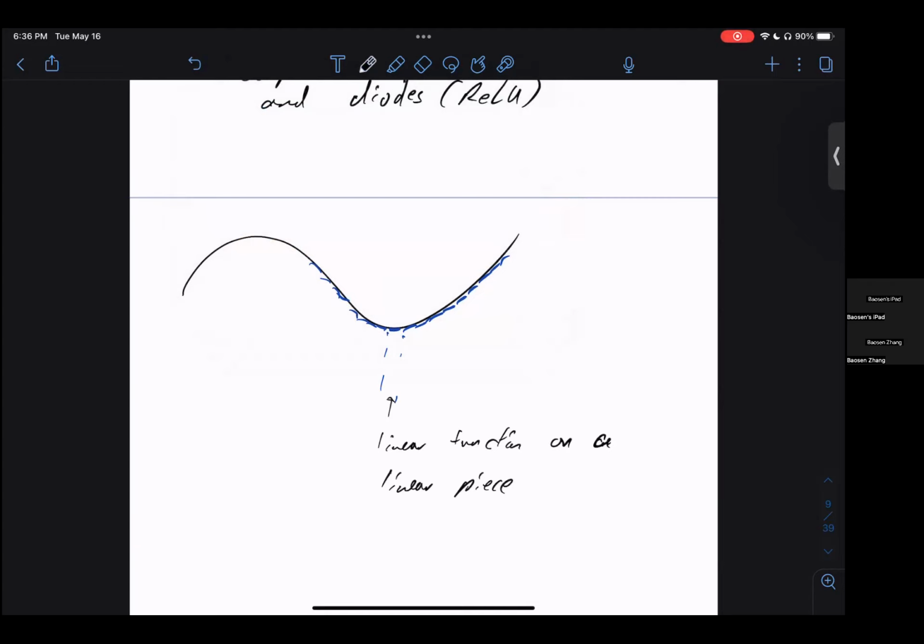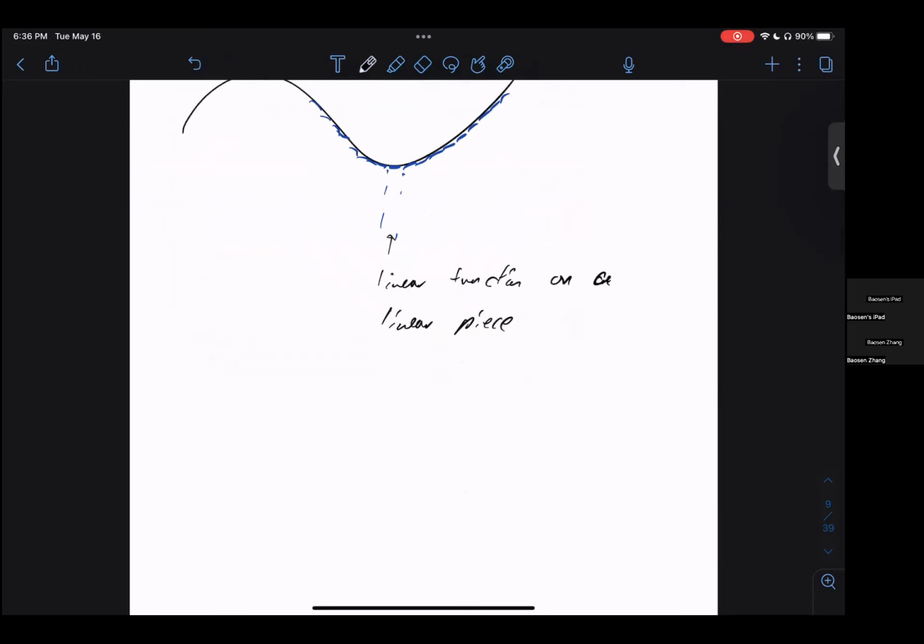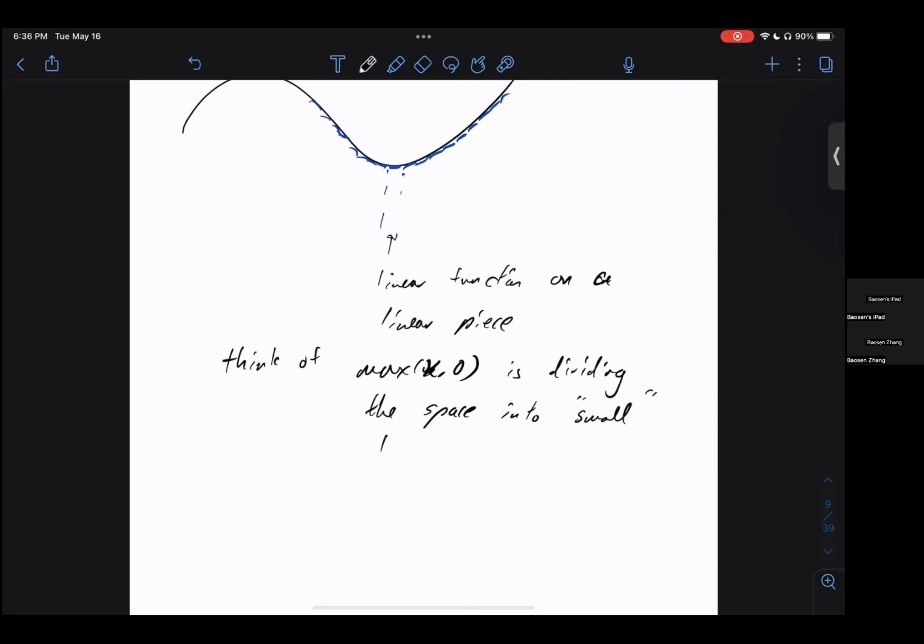And you can imagine the two components of this. You can think of this max of x and 0 as dividing up the space into small linear pieces. So this is basically what this max of 0 is doing. It's dividing your space into little chunks of small pieces.